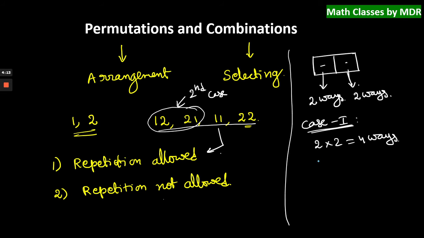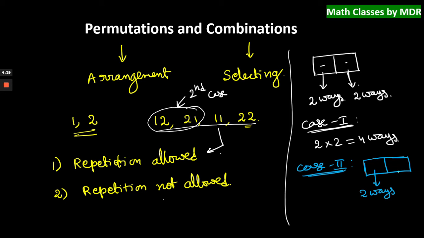Let us take case 2. What is case 2? Repetition not allowed. So if repetition is not allowed, what do we see here? Take a two-digit box and start from the tens place. Here I can use either 1 or 2. I am free to use any of the available numbers, so 2 ways I can use 1 or 2. Then what about the second digit, that is the units place digit?